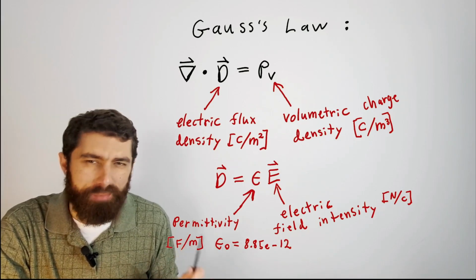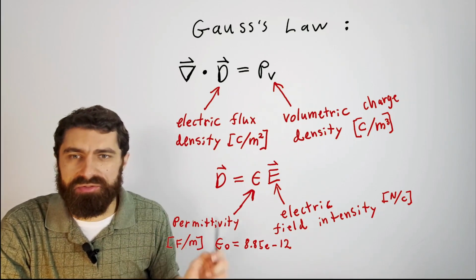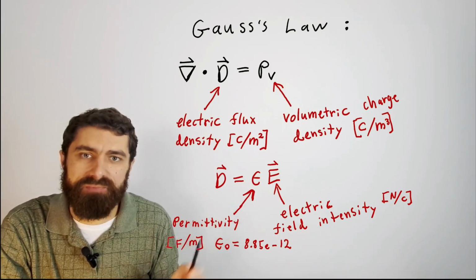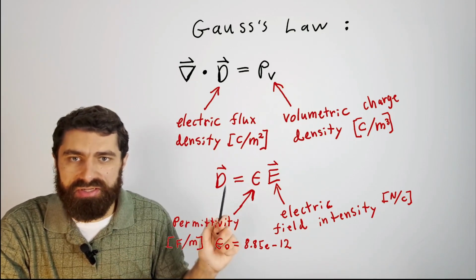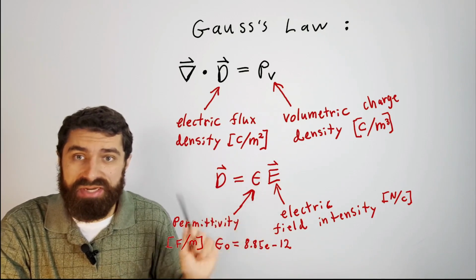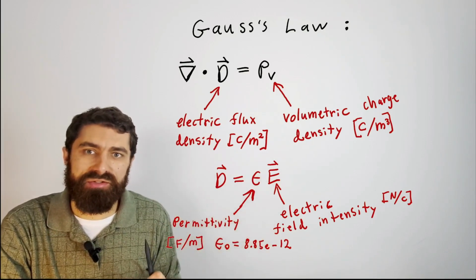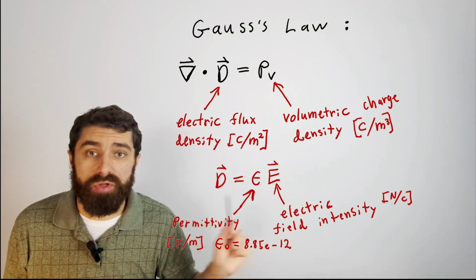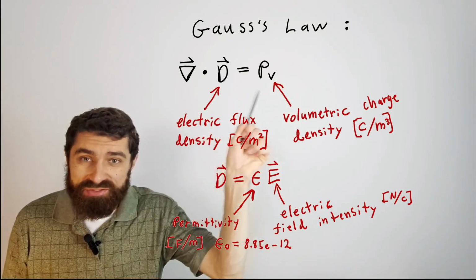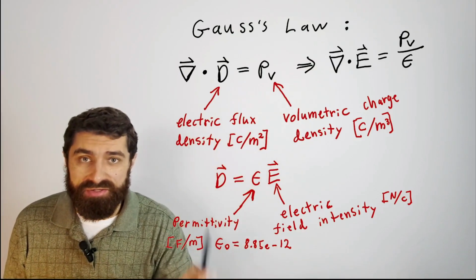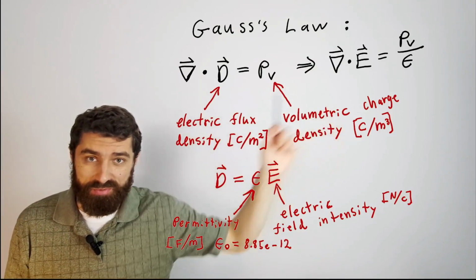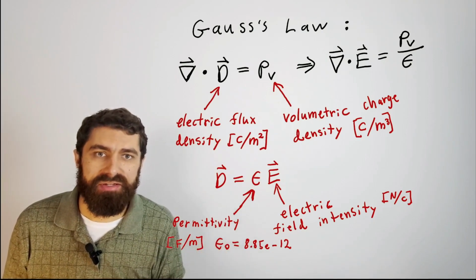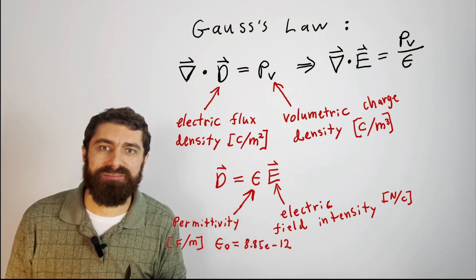We will talk more about permittivity and why it matters and how it all works, but essentially you can think of both D and E as being proportional to one another. If you plug this relationship into Gauss's law here, you can then just express this in terms of the divergence of the electric field, which is equal to rho v divided by epsilon.